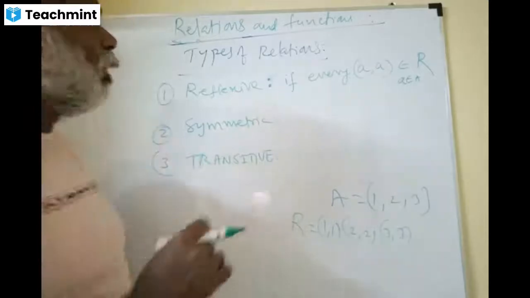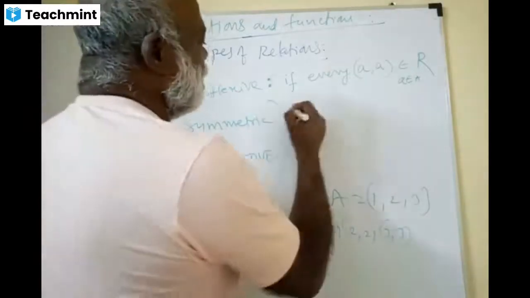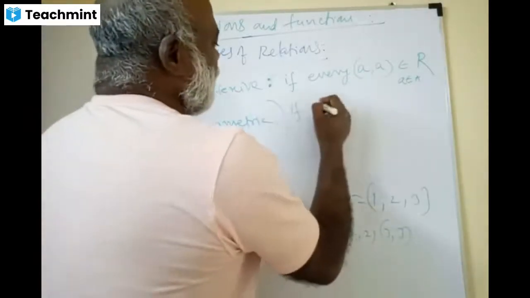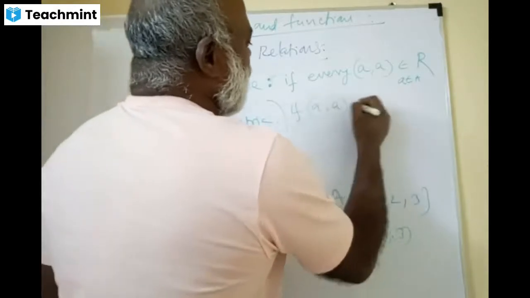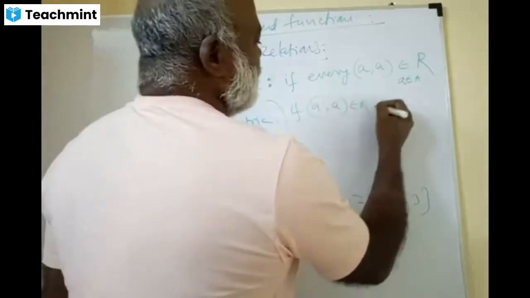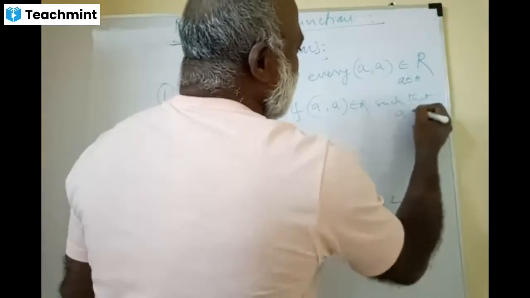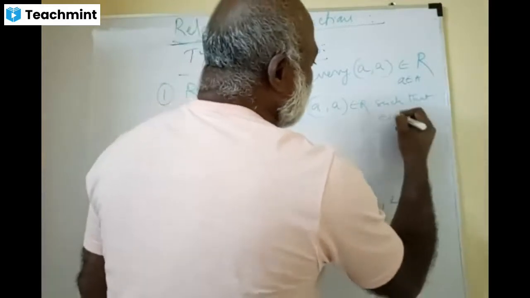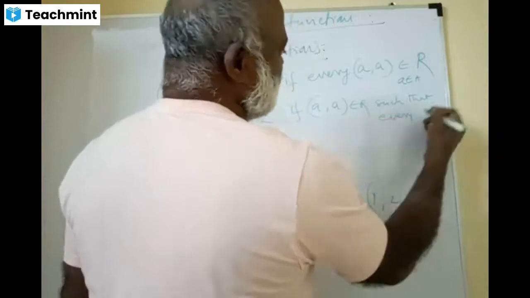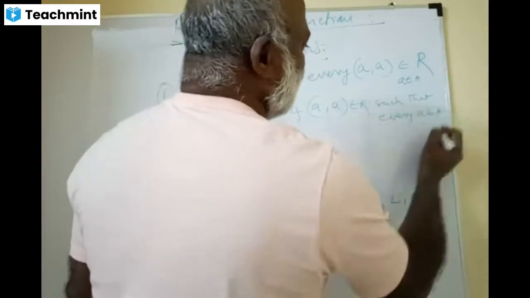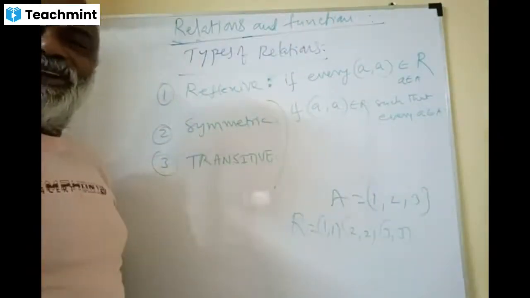So, the book's rule: if a belongs to R, such that every a belongs to... this is not sounding good.